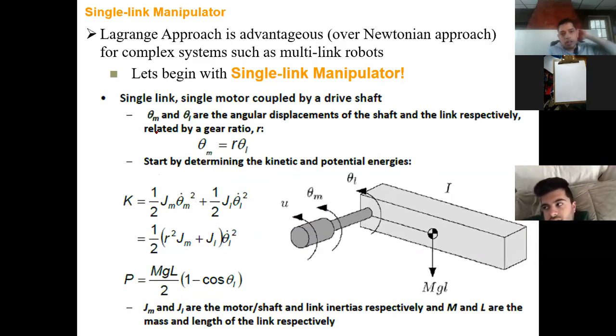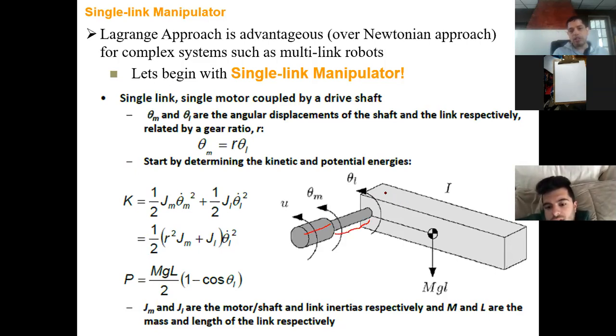Here you have the single link manipulator. As you can see, this is the motor, and there is a shaft connecting the motor to this object.